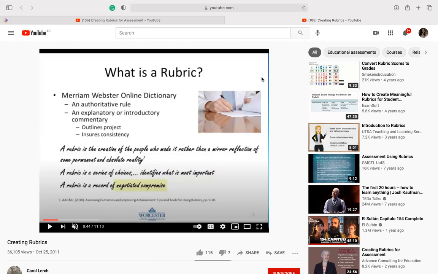Also, a rubric is a series of choices, no? You understand that, and it's used to identify what is really most important, no? With the rubric, we specify exactly what it is that we want our students to do, no more and no less than that. And also it says that it's a record of negotiated compromise, no? Negotiated compromise.